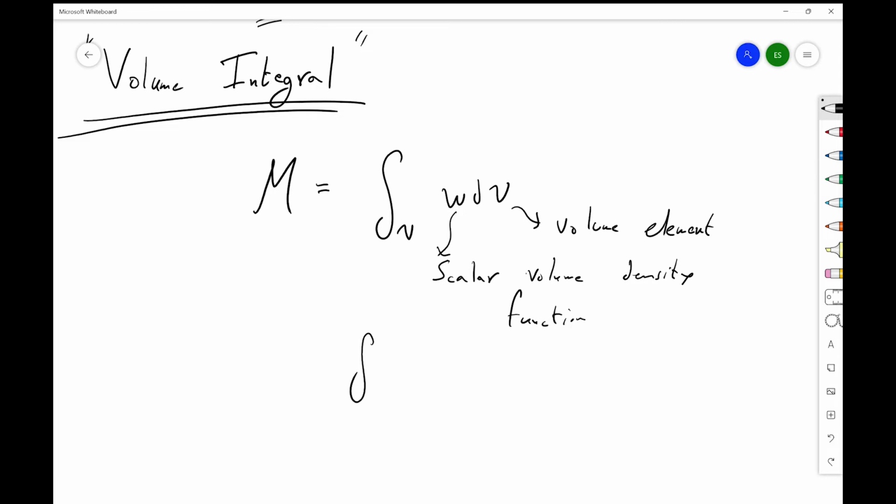We studied mainly the integration of a dot product of a vector with another vector with the line element vector. But similarly, here we could just sum vectors and get a result that's a vector. So I could, over a volume, take a vector, sum it up, and then my result is some sort of vector. Let's call it capital P.